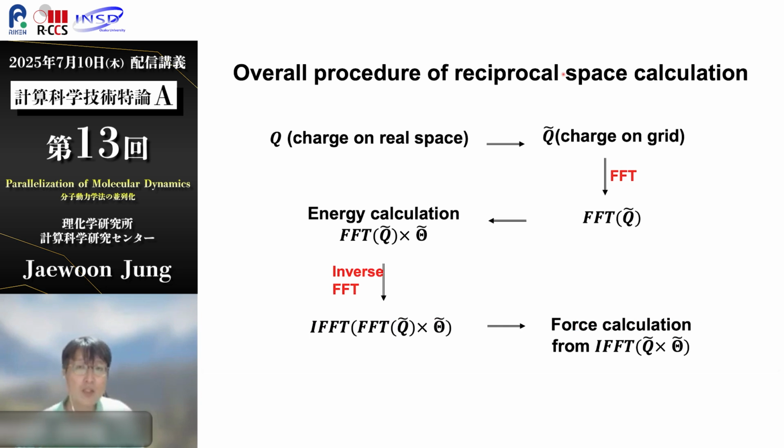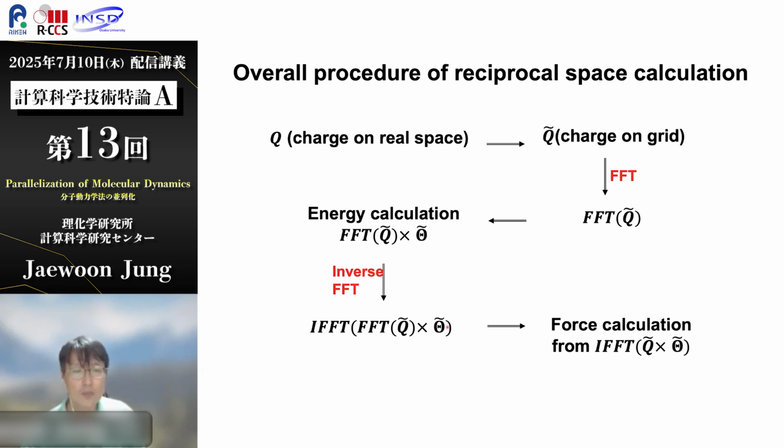In reciprocal space calculation, the overall procedure is like this. We first have a charge in real space. And on the grid, we put the charge onto the grid using spline. And from this charge, we perform fast Fourier transformation. And from this value, with some prefactor, we calculate energy. And for this value, we perform inverse fast Fourier transformation.